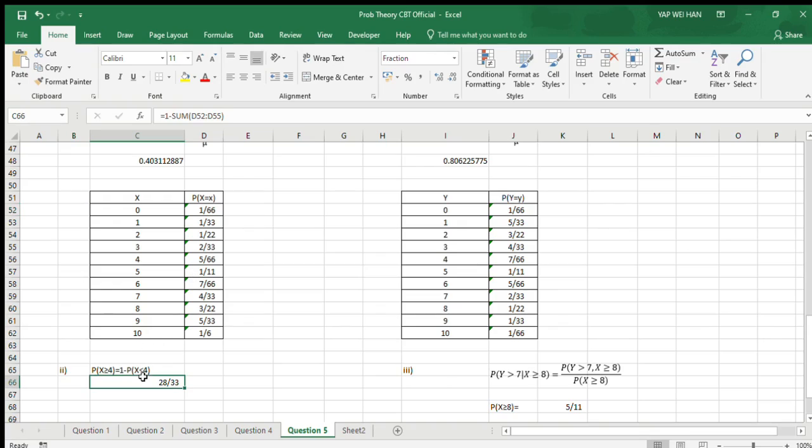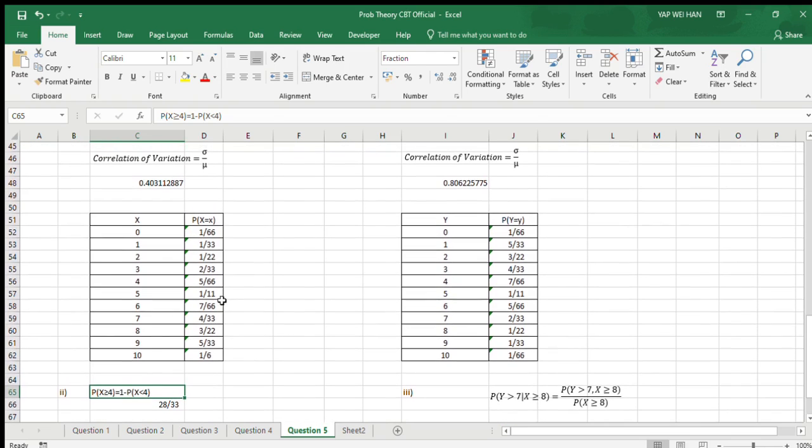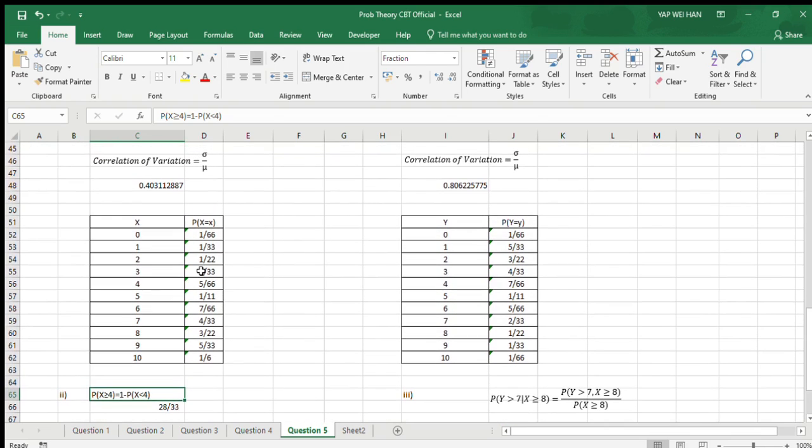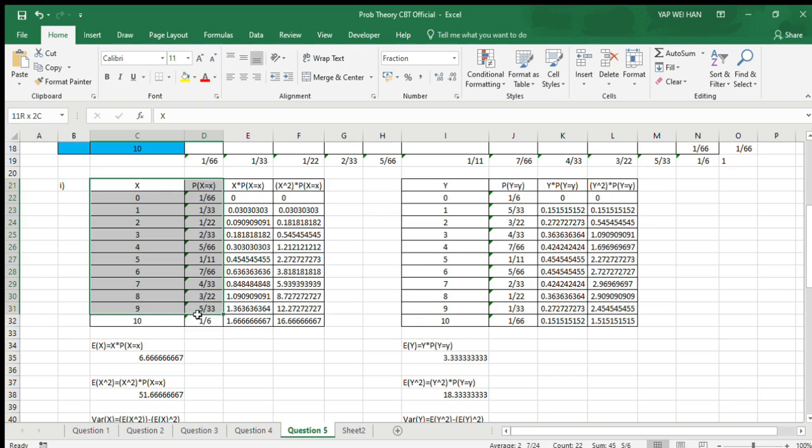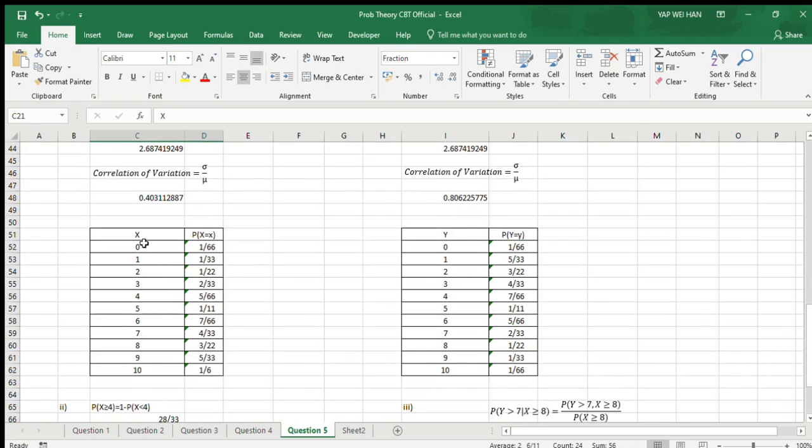Alright, Roman 2, P of X larger or equal to 4. We can actually find the complement of it, which is 1 minus P of X smaller than 4. So how do we get the probability of X smaller than 4? It's actually quite easy. Since we have the data from just now, we can just copy it down here to make it neater and it won't confuse you.